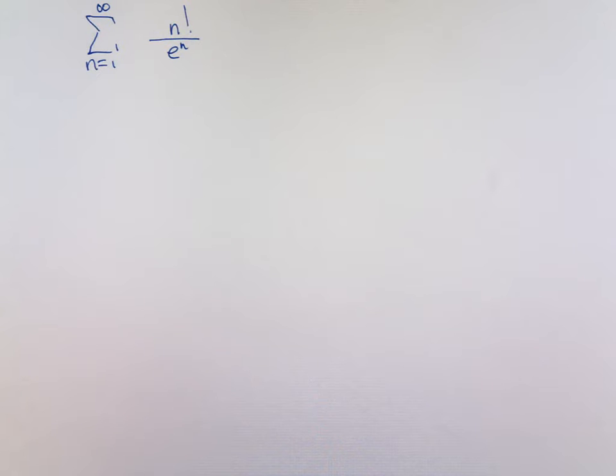At the very beginning of this chapter, I mentioned factorials. You may have had some in your sequences in the beginning of the chapter, but we haven't done much. The reason is our tests so far didn't really work for factorials. An integral test, forget it. You're not going to take the integral of a factorial. It's a discrete function. It's not continuous.